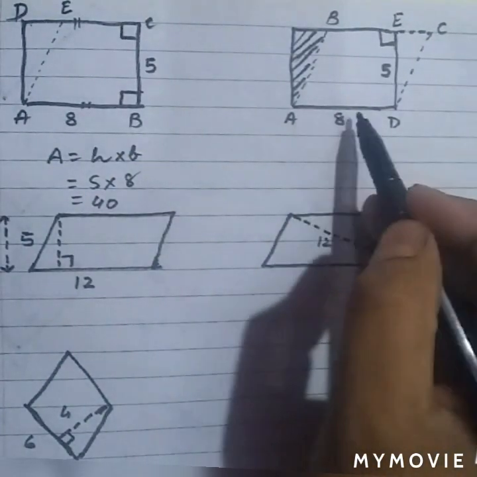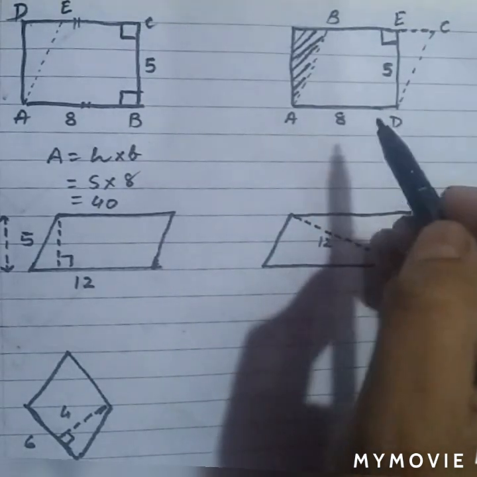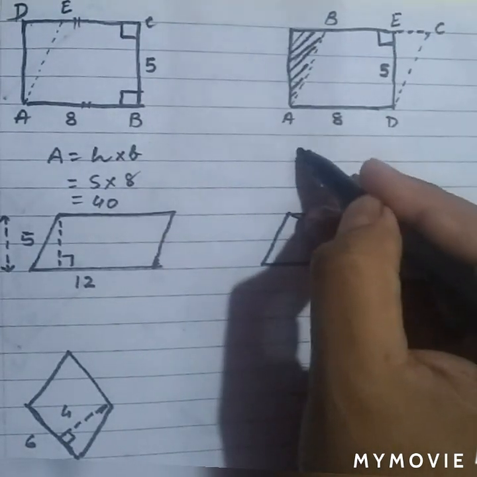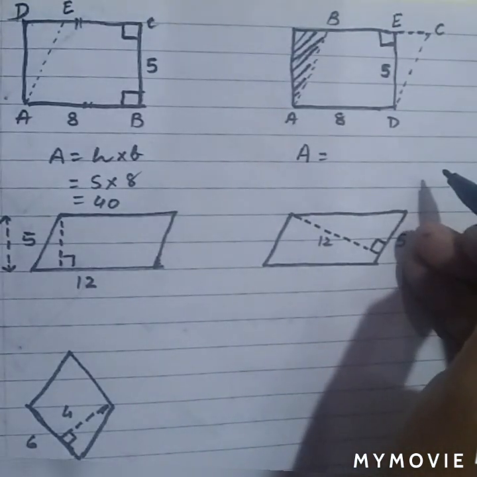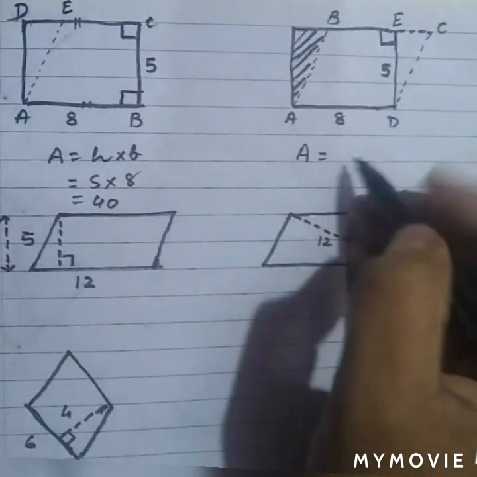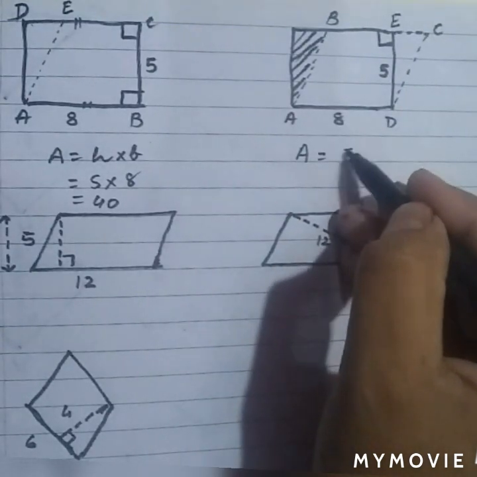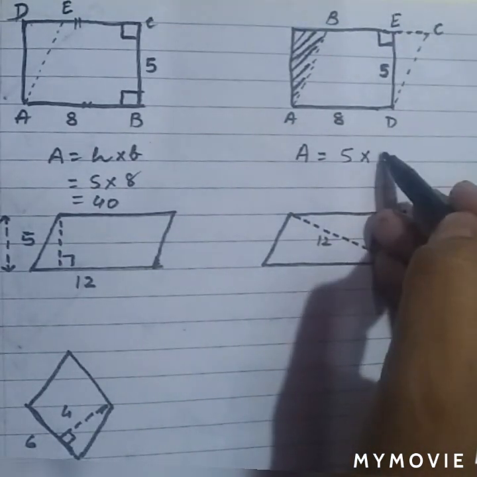Now if I am going to find the area of this particular parallelogram, as I stated in the beginning, area is perpendicular height multiplied by base. So the perpendicular height is DE, which is 5, and its base is 8, which is AD.